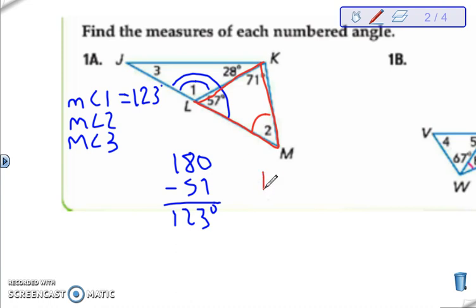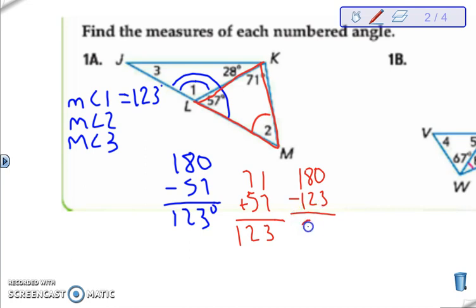So 57 plus 71 is 128, 180 minus 128 is 52. All right, so that is angle 2.